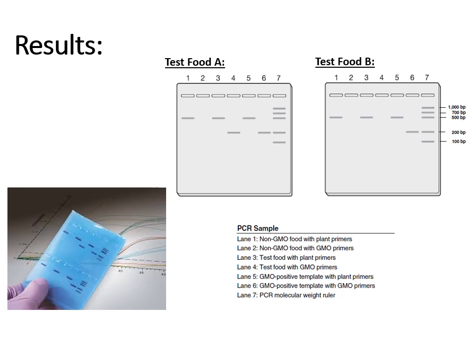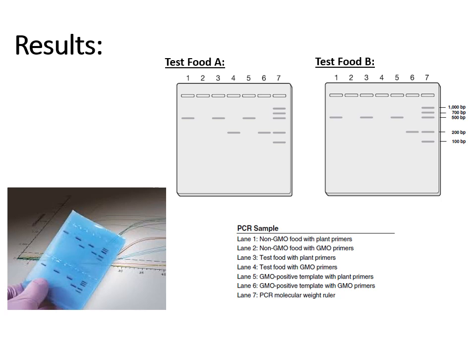So when I ask you to analyze these results, keep in mind test food A gel versus test food B gel. Those are two separate students, two separate test foods. For instance, you could write chips for test food A and then oatmeal for test food B. And you could even use real names like I did before, Doritos chips versus Quaker oatmeal, whatever you want.